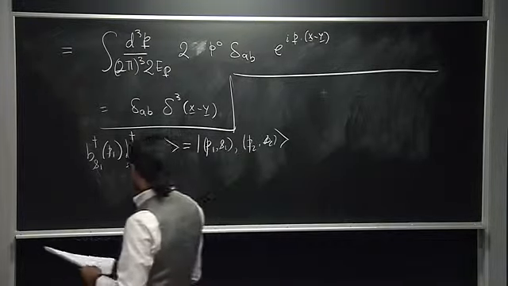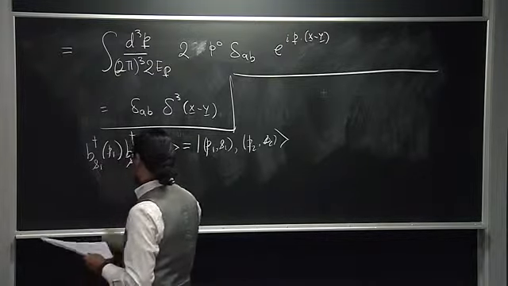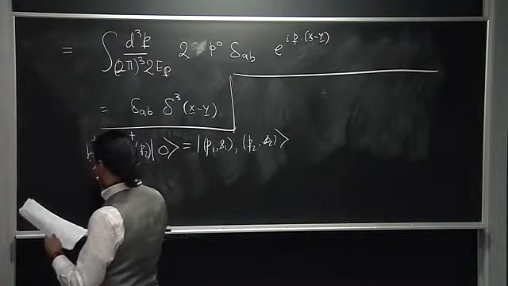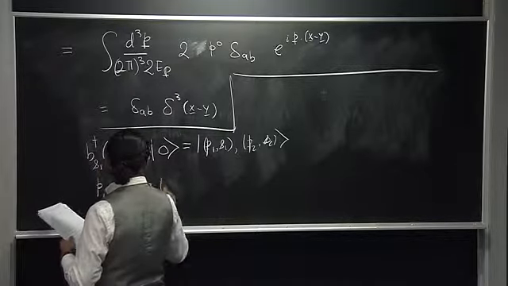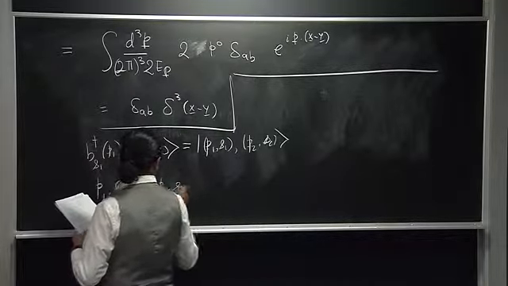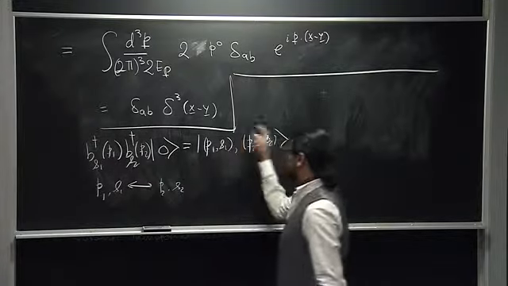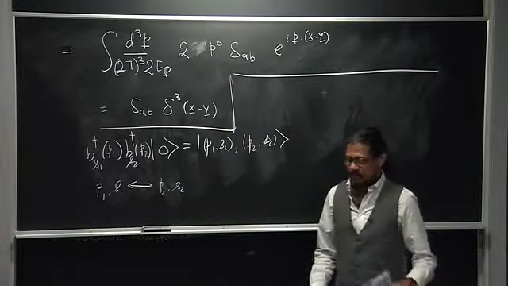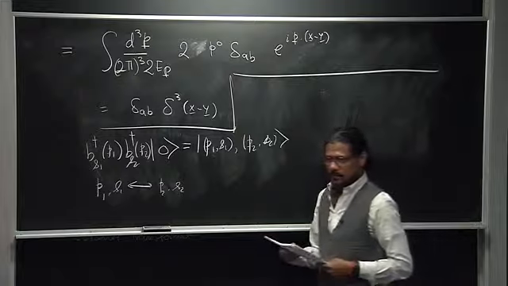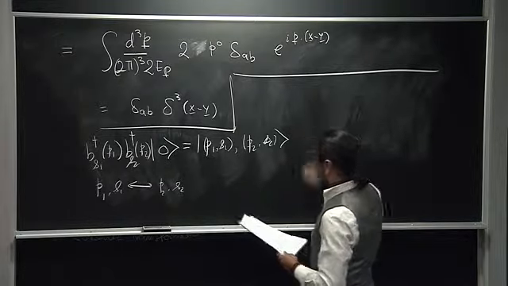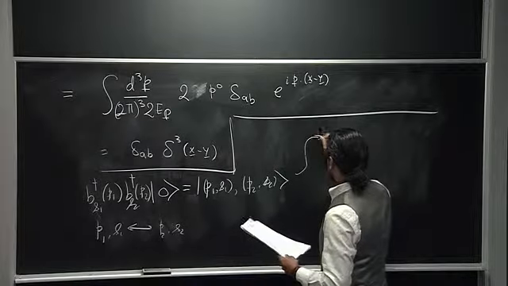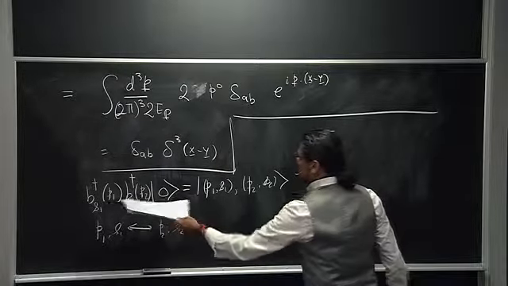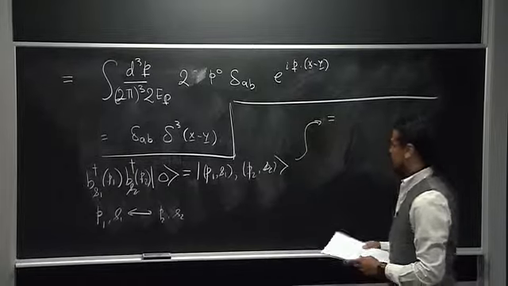Now, according to Fermi-Dirac statistics, if we now exchange these two particles, if we take p1, s1 and exchange it with p2, s2, then we should get the same state but with a minus sign. Right? So that is the essence of Fermi-Dirac statistics. And of course, it's easy to see that this happens here because these two guys anti-commute.